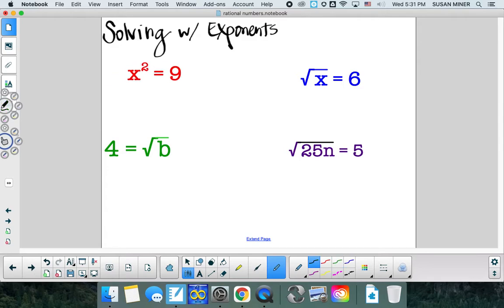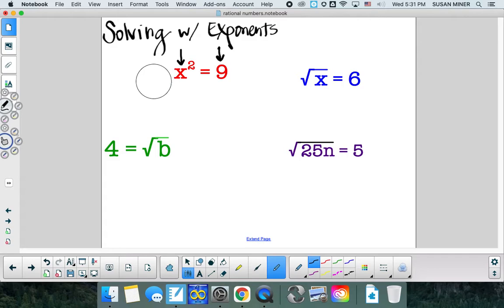If I ever have an equation that looks like this at any time while I'm solving, if I end up with x squared equals 9, well, think about the numbers that I can square that would give me a positive 9. And we kind of talked about this at the beginning, right? I could square a 3.